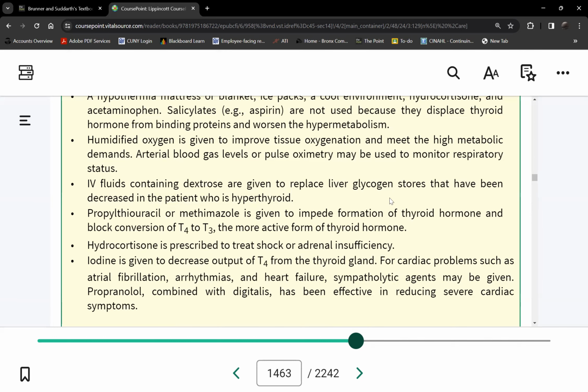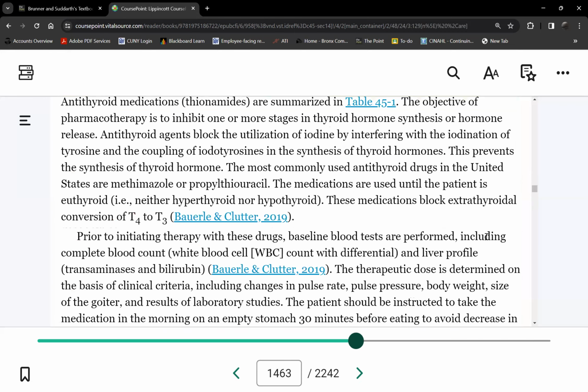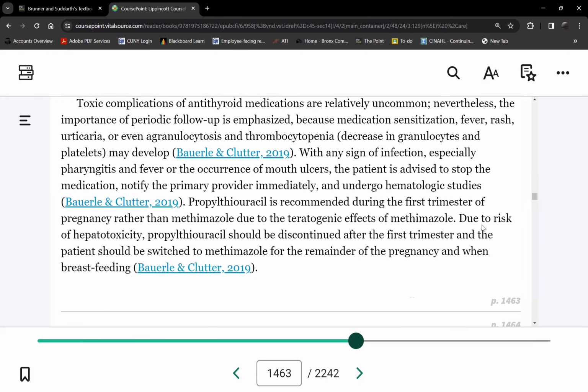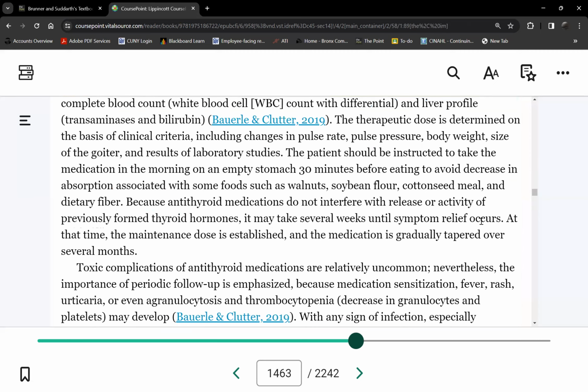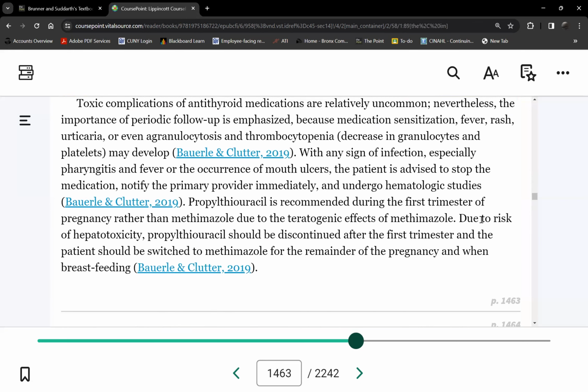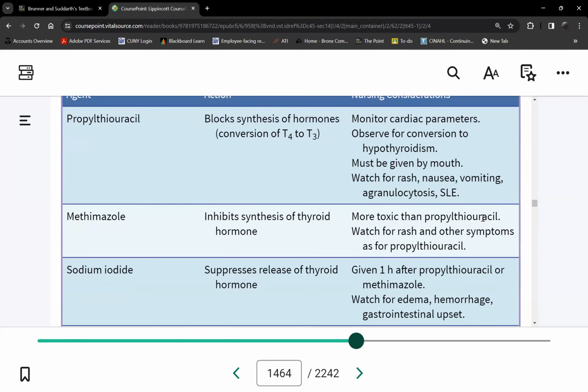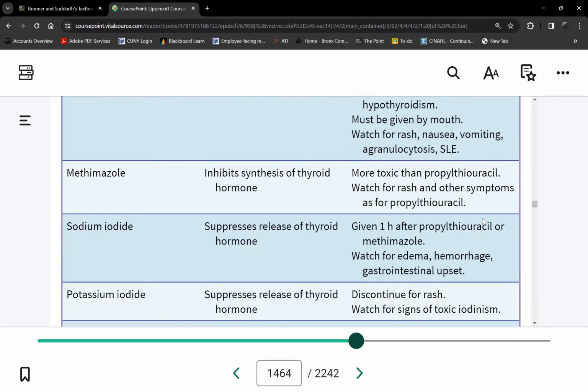All right. Another, let's go to the last. Please read the nursing responsibilities here and read the paragraph, because these drugs again are teratogenic, remember? So they cross the placenta, and watch the side effects here.